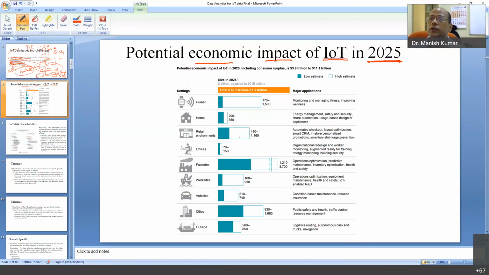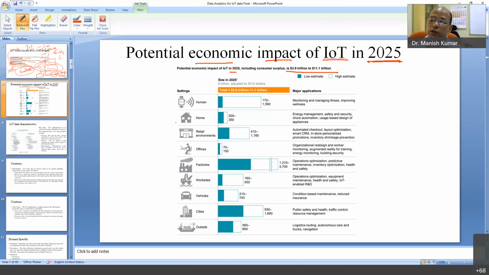The first thing we will experience in 2025 is a high increase of users or consumers. You can see that at present we have some 4 plus trillion, which may go up to 11 trillion in the next 4 years.